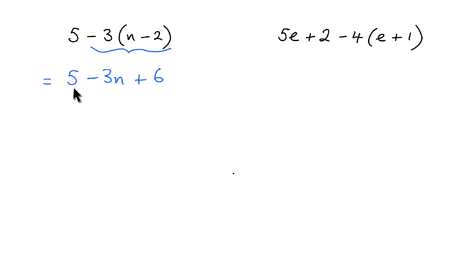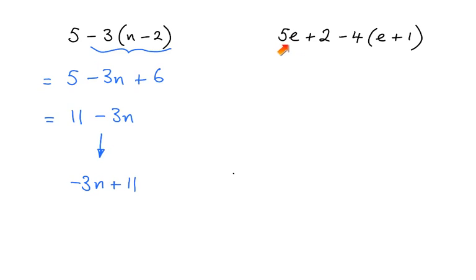And the like terms are the 5 plus the 6, which is obviously 11. Take away the 3n. We cannot do any more now, and that one's finished. Remember, that can be written as minus 3n plus 11. You must respect the signs in front of each part.